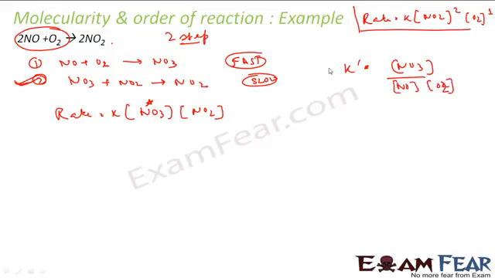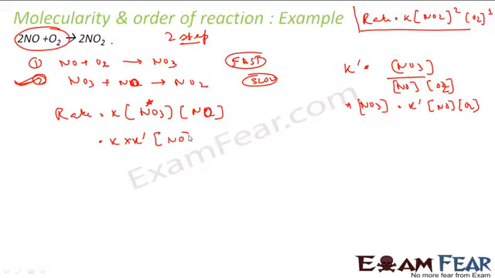That is the equilibrium constant. So the concentration of NO3 will be K dash times the concentration of NO times the concentration of O2. I'll put that value here: k into K dash, concentration of NO.